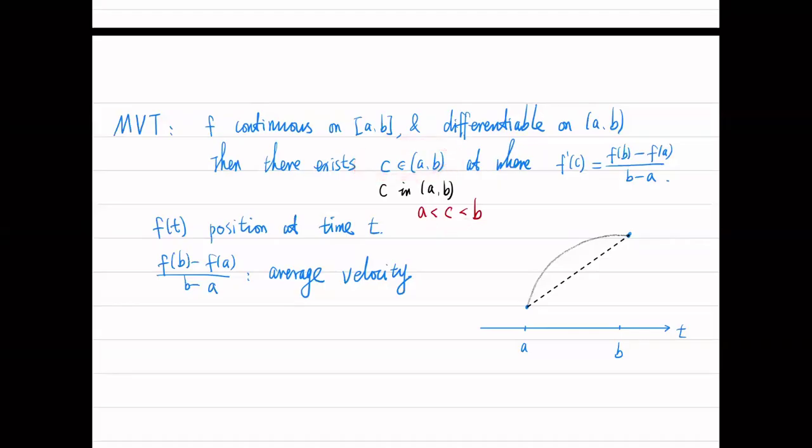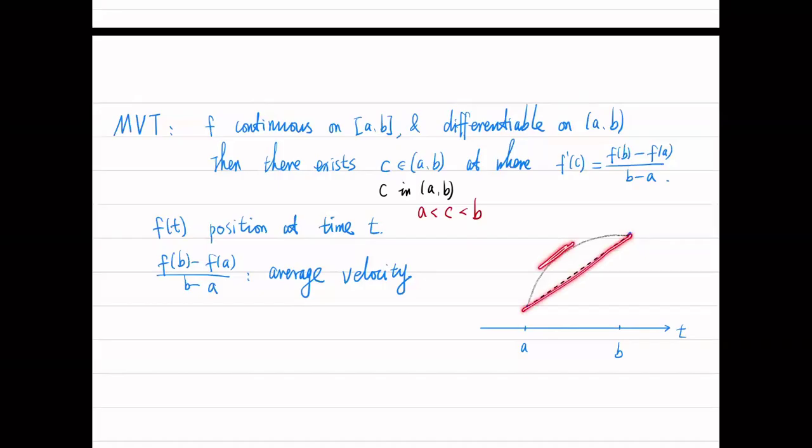Now suppose this is our situation. Can you tell me where the point should be, where the derivative is the mean velocity? Could you find a point in this interval where the derivative equals the mean velocity?